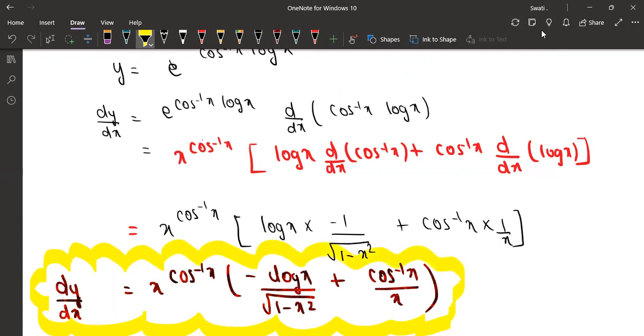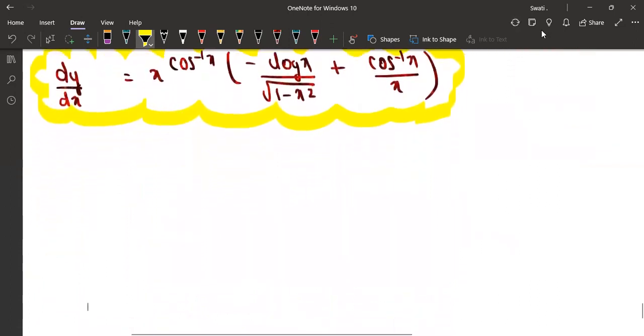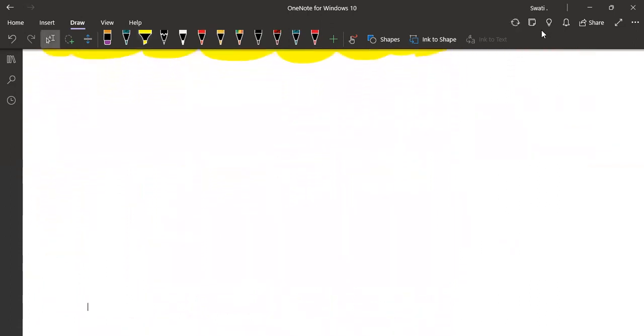Okay. So now we can go to the next inverse function. So now some of the questions are based on inverse functions. So this is our next question. So we have the function given, sin x raised to cos inverse x. Let's simplify this.